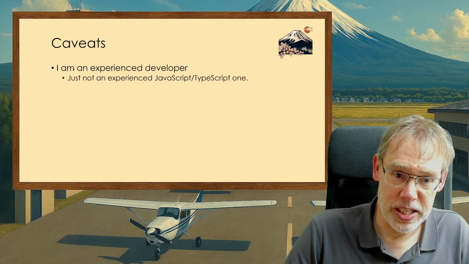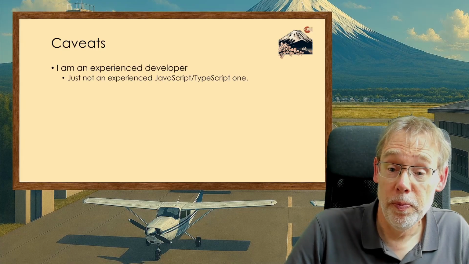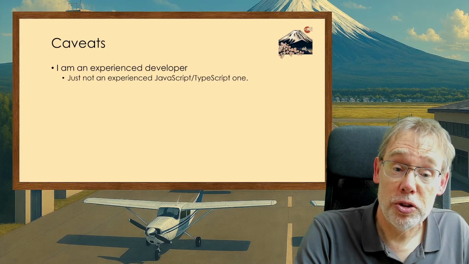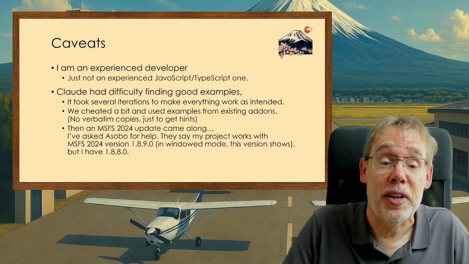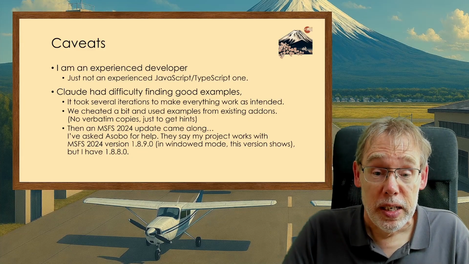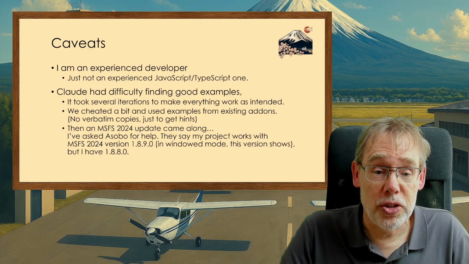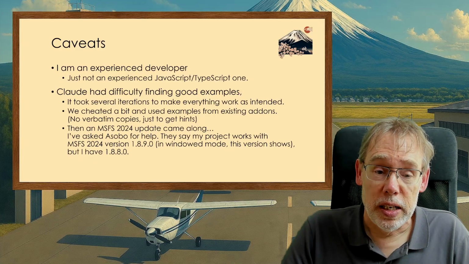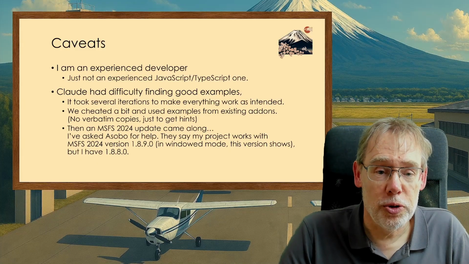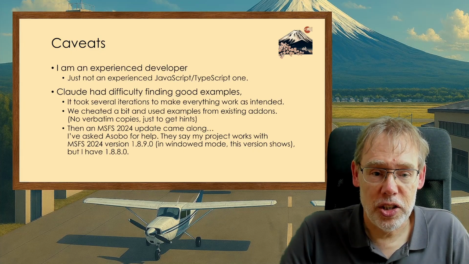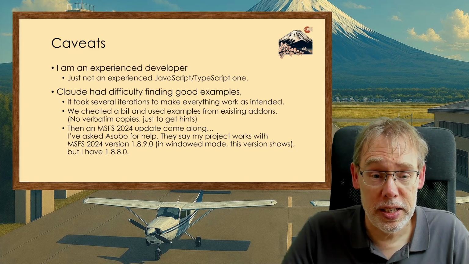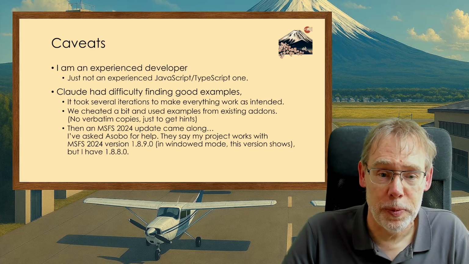What I actually did was cheat a bit, because I used Claude Code. And Claude had difficulty finding good examples. That means it took several iterations and where I had to give it screenshots of what was happening, and it said, okay, so maybe this would be good, and then it would try something else.